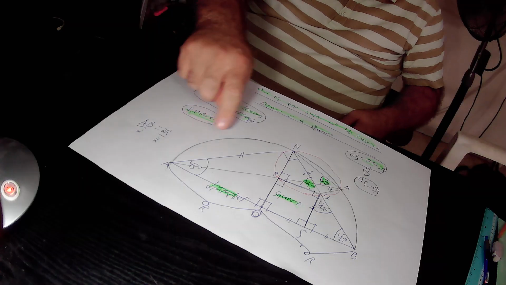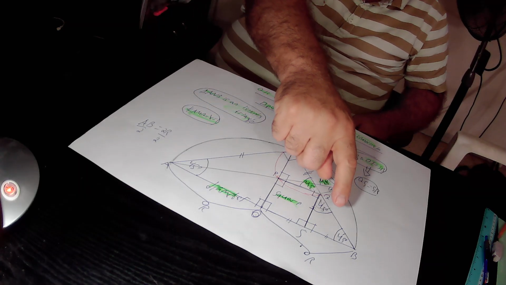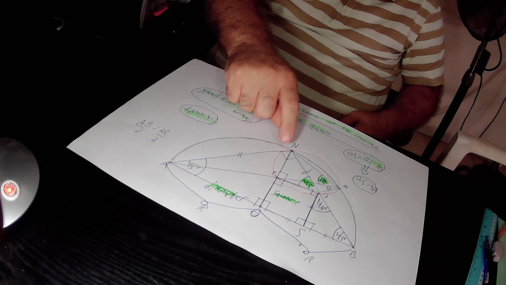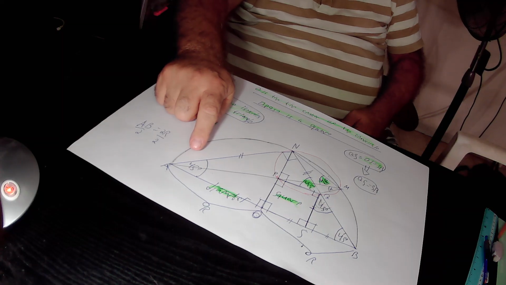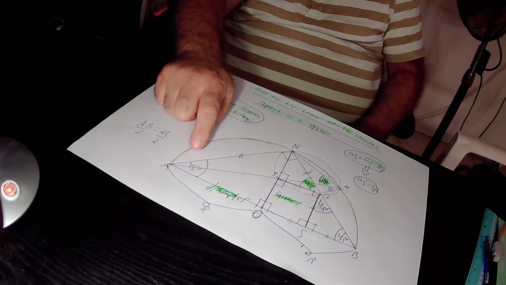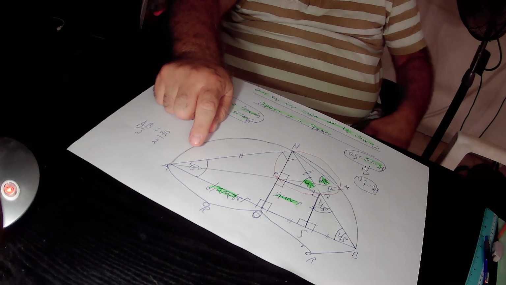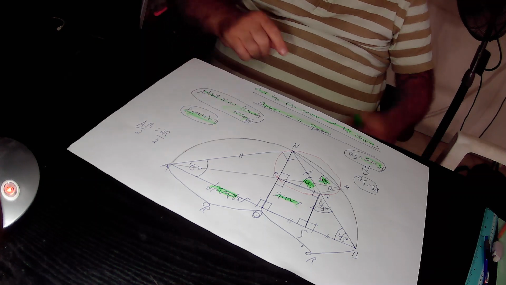So in the big right triangle ANB, this angle equals 45 degrees, this angle equals 90 degrees, and therefore this furthest angle must be equal to 45 degrees in its size, according to the rule that the sum of the angles in any triangle is equal to 180 degrees.